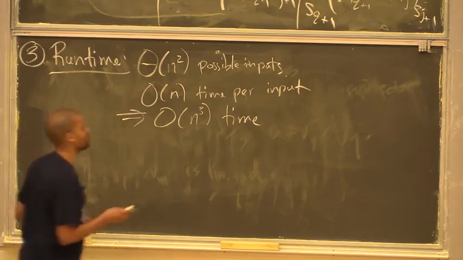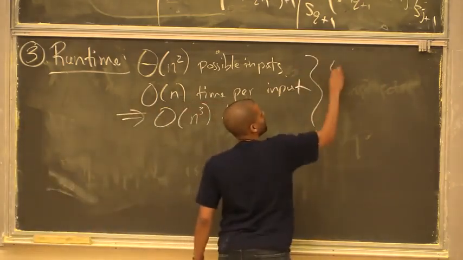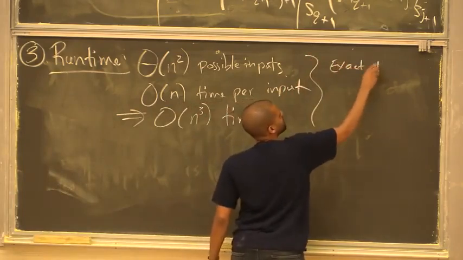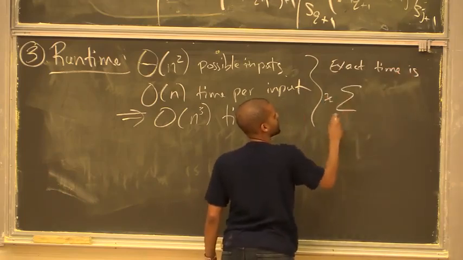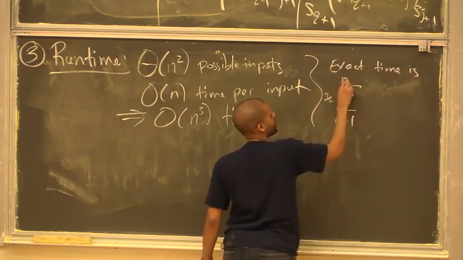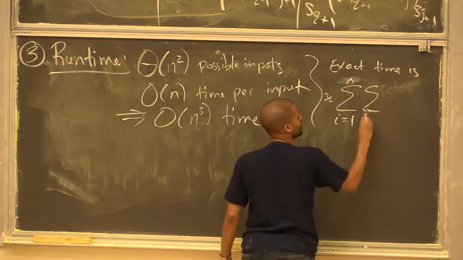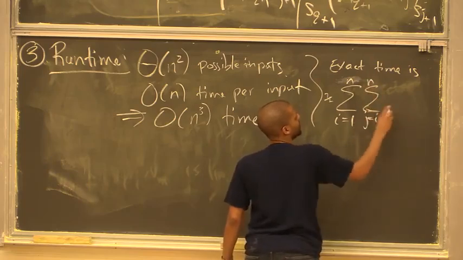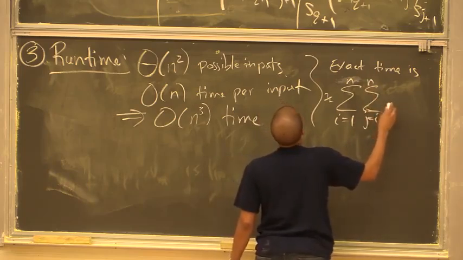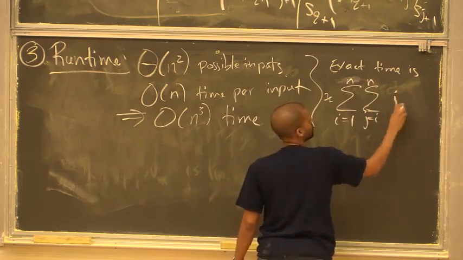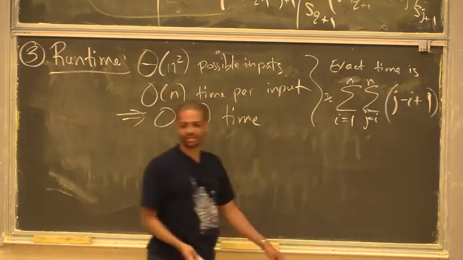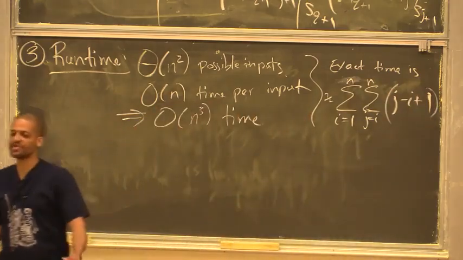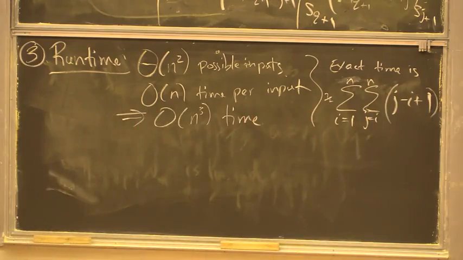So if you want to be more exact, the time is roughly the sum over i from 1 to n, the sum over j from i to n of something that looks like j minus i. You could try to do this summation exactly and convince yourself that it ends up being n cubed.